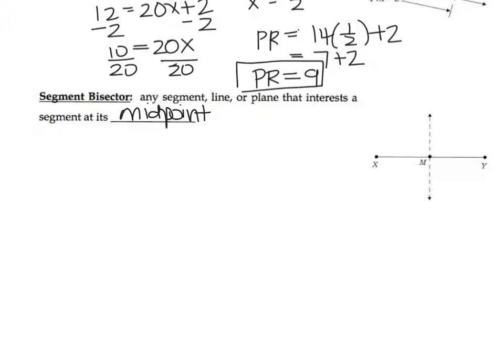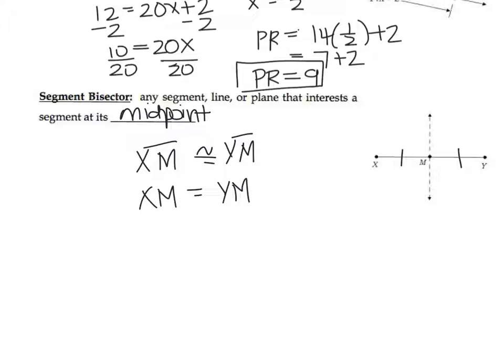That means M is the midpoint, which means it creates two congruent segments. So I know the segment XM is congruent to segment YM. I also know their lengths are the same. So I can also say that the length of XM has to equal the length of YM.